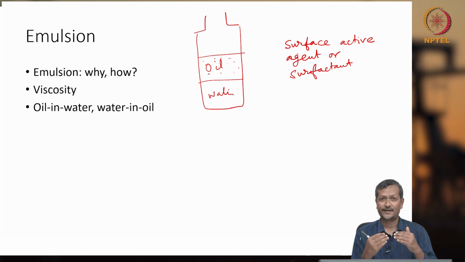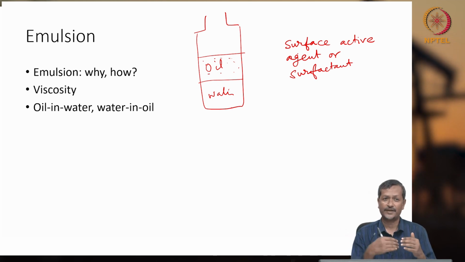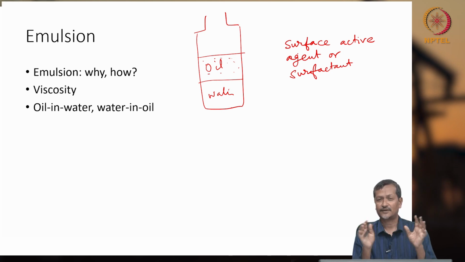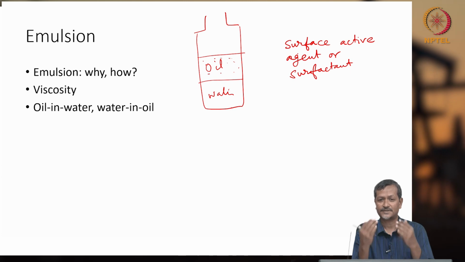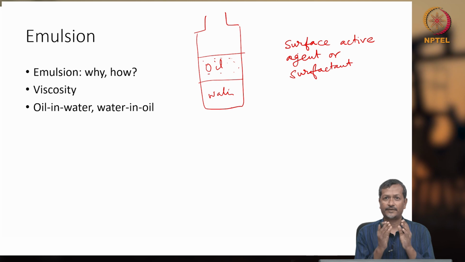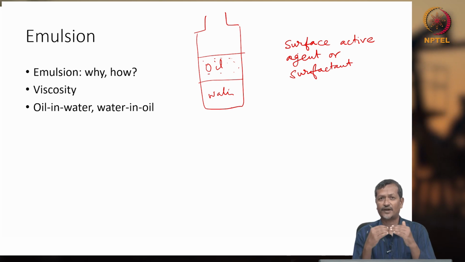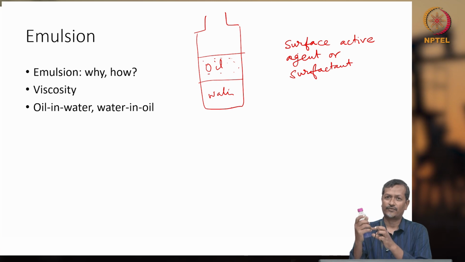To break that stability, you have to put in another sort of chemical, or you have to apply heat, or you have to change certain mechanical or chemical properties, so that the small particles create big particles and settle quickly. Okay. And emulsion is created if very high agitation is there. For example, I have taken one layer of oil and one layer of water.